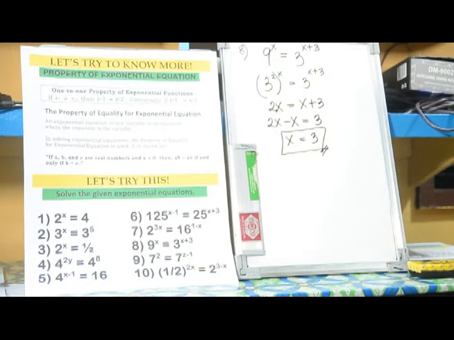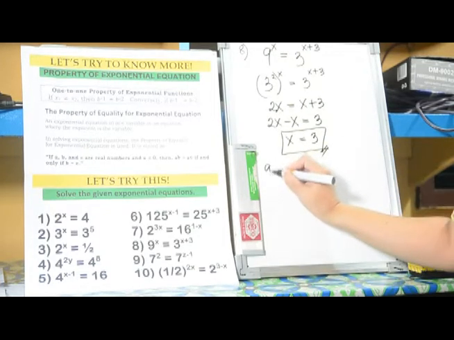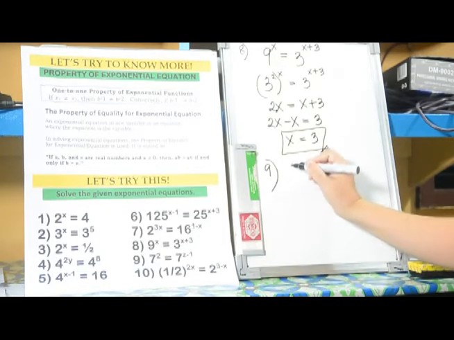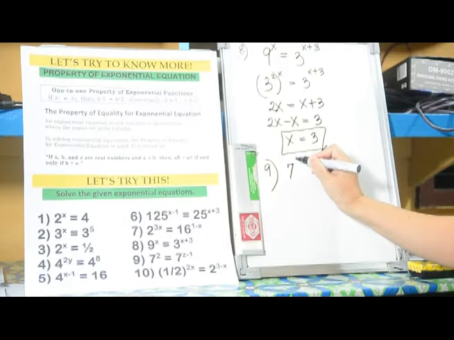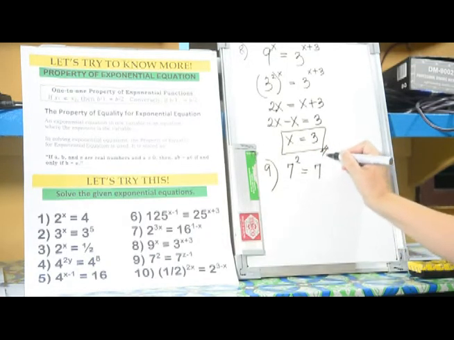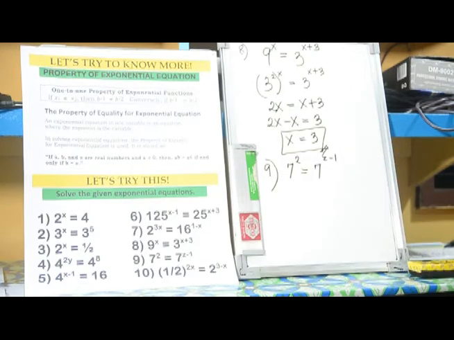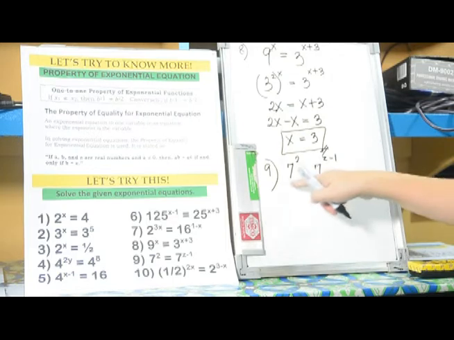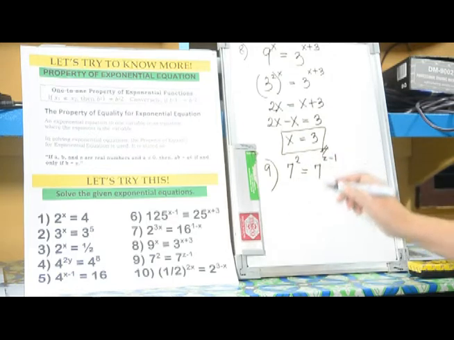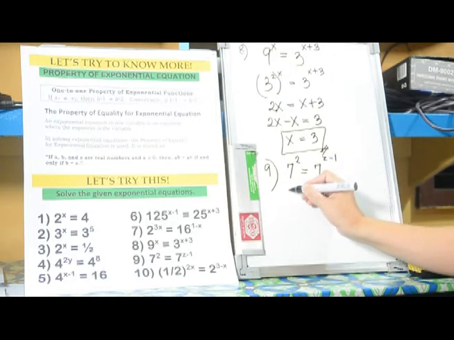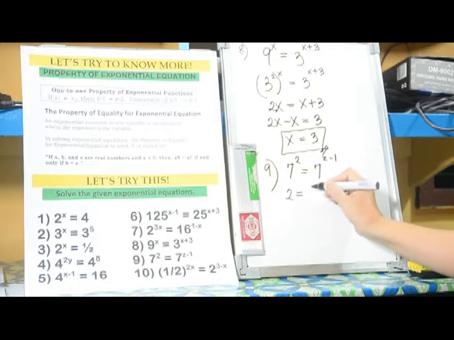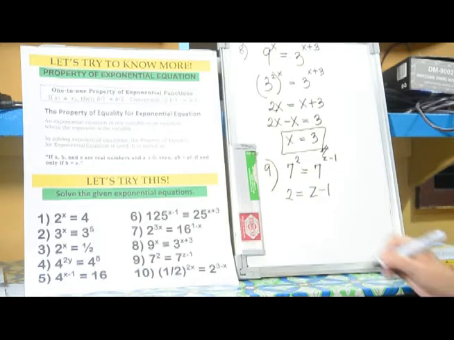Okay? And then let's have number 9 this time. For number 9, we have 7 squared is equal to 7 raised to the power of z minus 1. We have the common base already, so we'll just get the exponents. So we have 2 is equal to z minus 1.